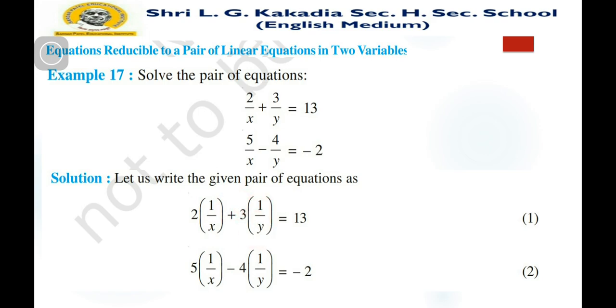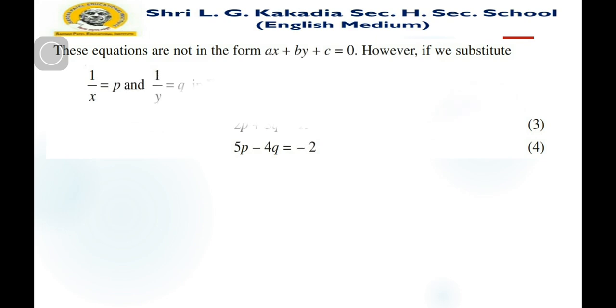The equations are not in the form ax plus by plus c equal to 0. However, if we substitute some value in place of the given variable, we can convert the given equation into linear form, that is ax plus by plus c.